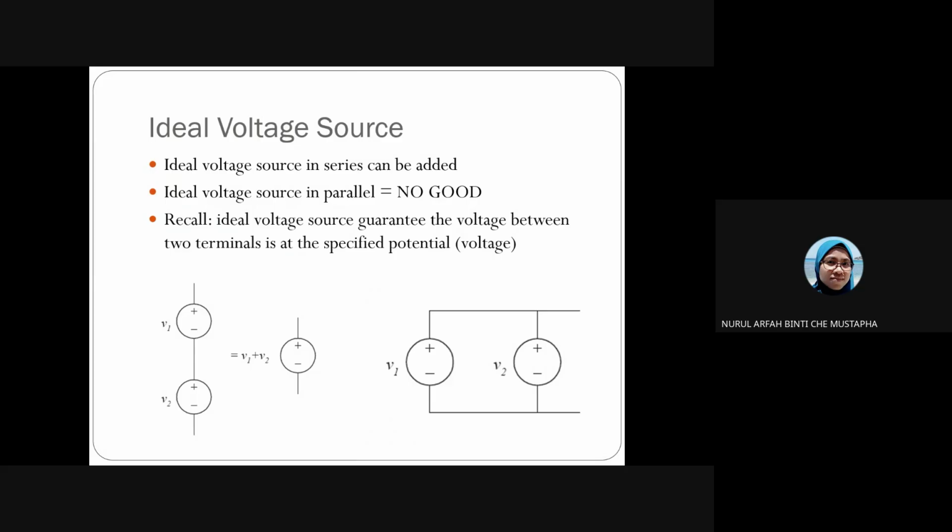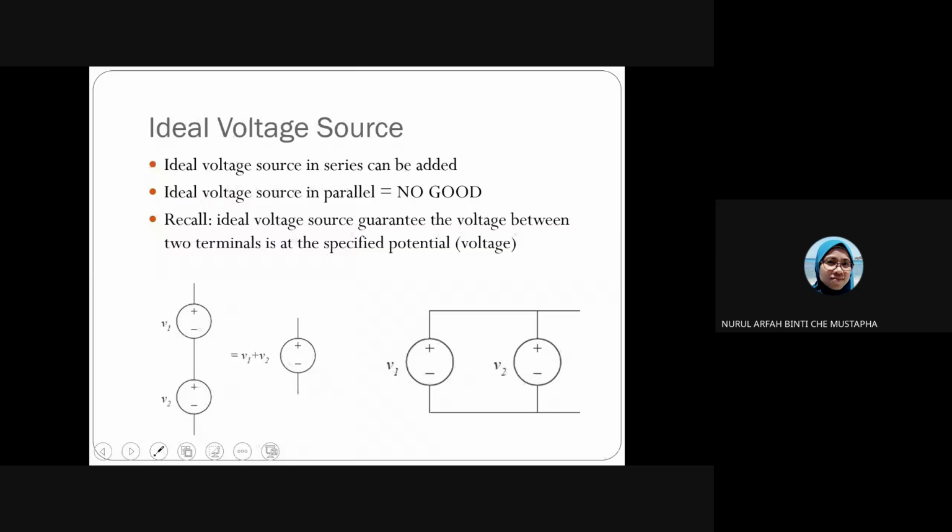So you expect this one to equal this one, exactly 5 volt.